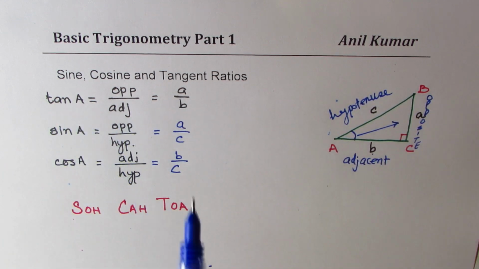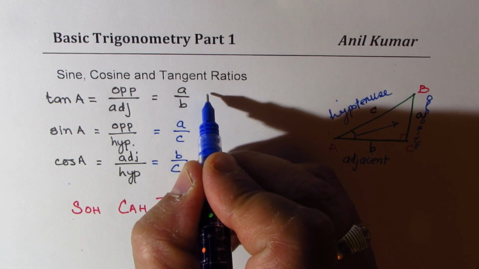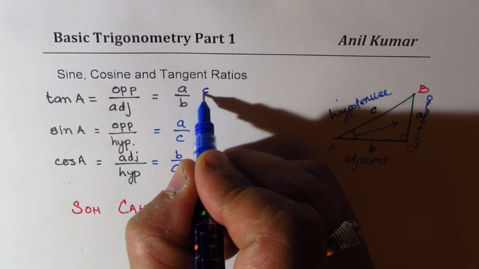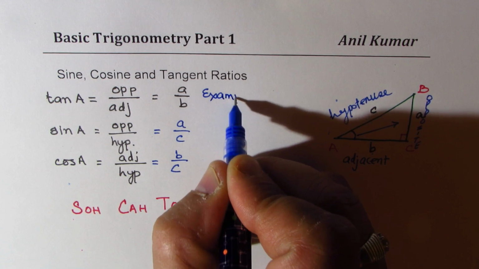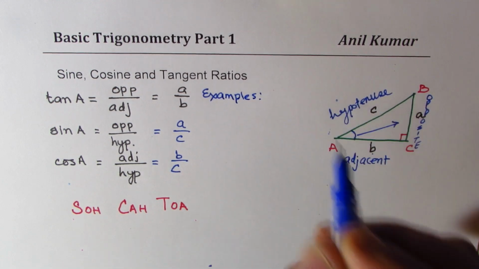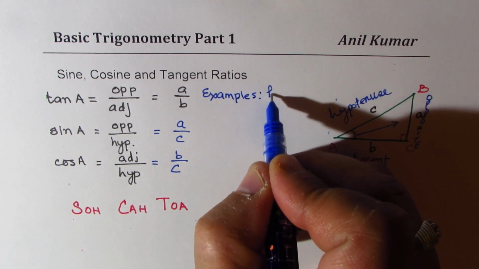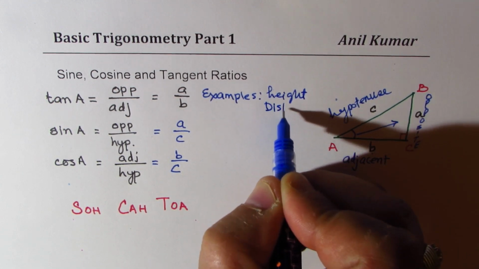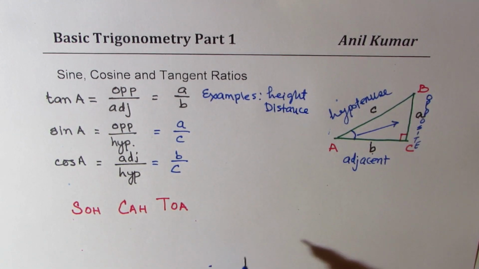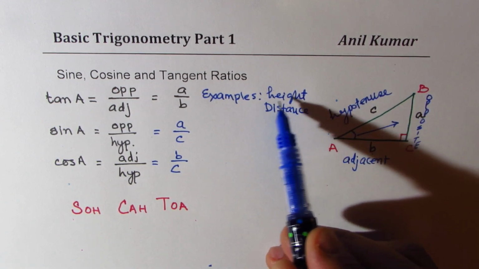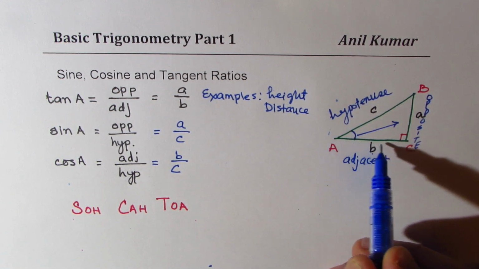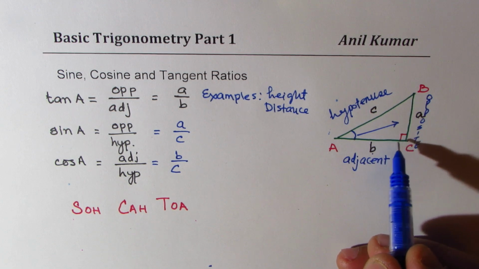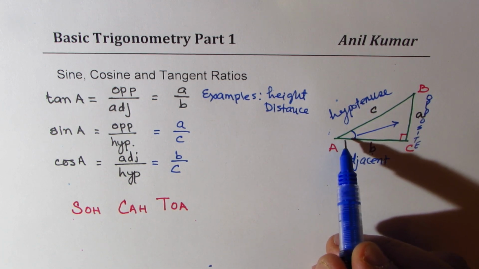So examples for tan, let's say, could be height and distance questions. Correct. So when we talk about height and distance, we are normally working with the two smaller sides of a right triangle. Perfect.